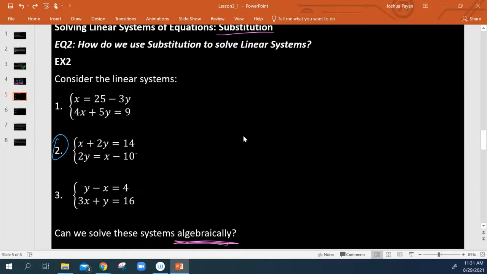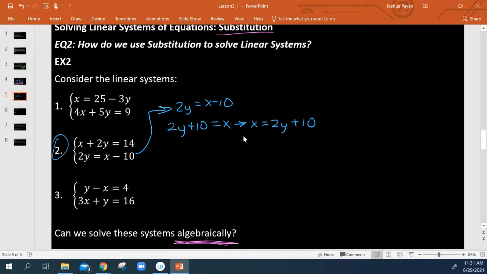So 2y equals x minus 10. If I just add 10 to both sides, 2y plus 10 equals x. And I can do the flipperoo and say that x equals 2y plus 10. Either way, I have x by itself.